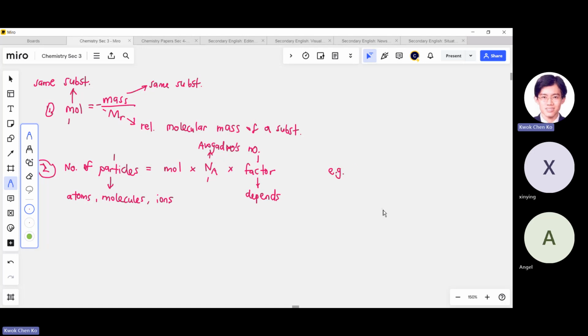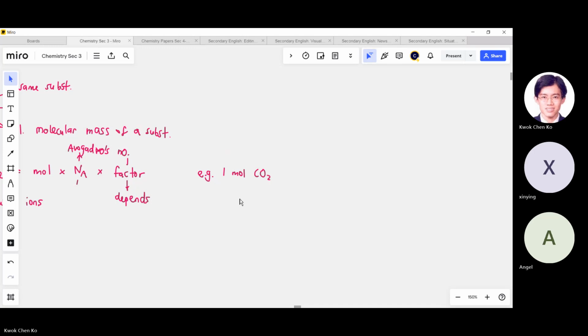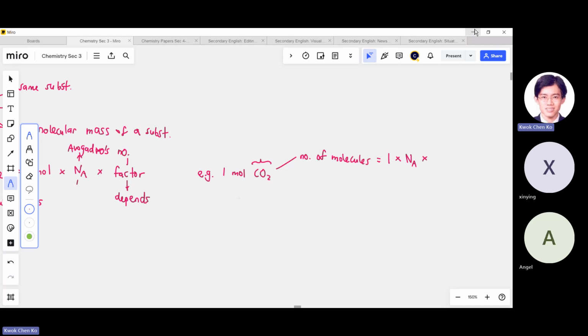Right. So let's say I have 1 mole of CO2, and they ask you for the number of molecules. So basically you get 1 mole times Avogadro's number times what's the factor? Dylan, CO2 exists as what?